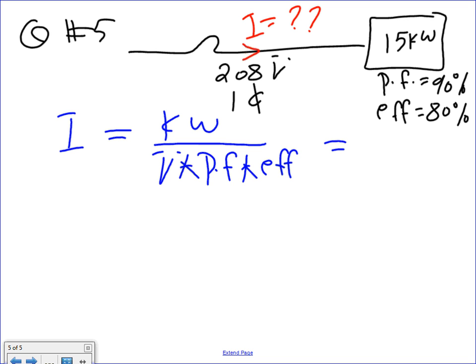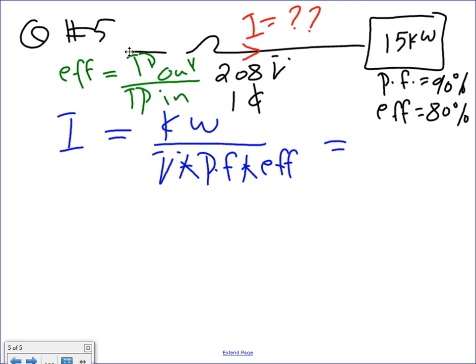The kW, this one here, guys, is coming from a simple formula that says efficiency equals true power out over true power in. This is the origin of this formula.